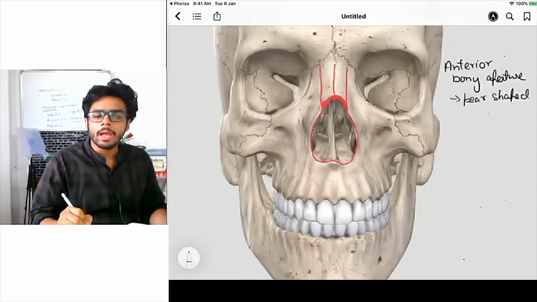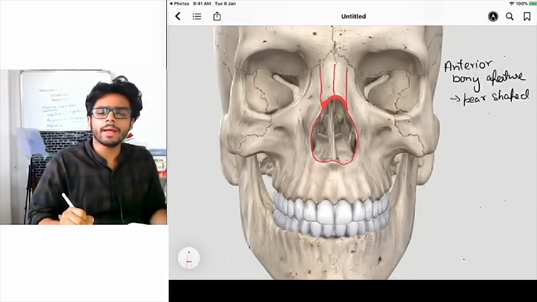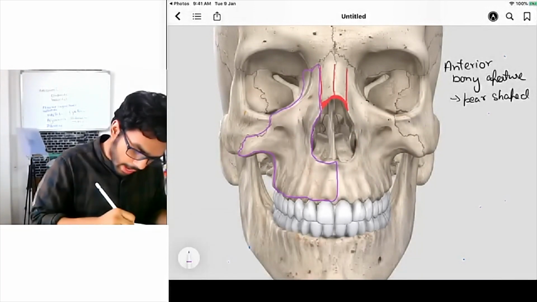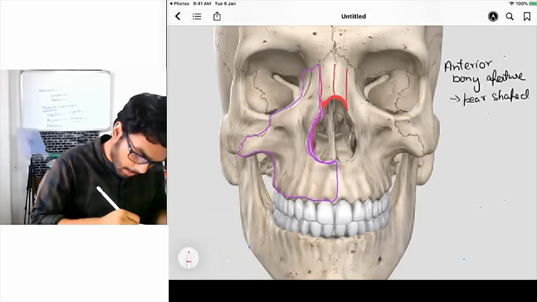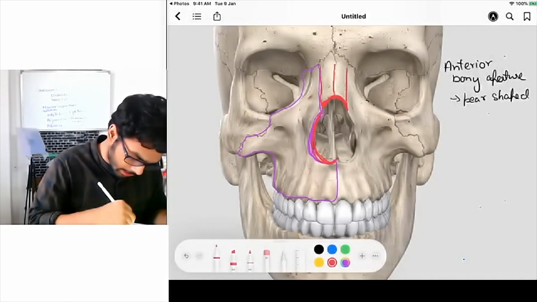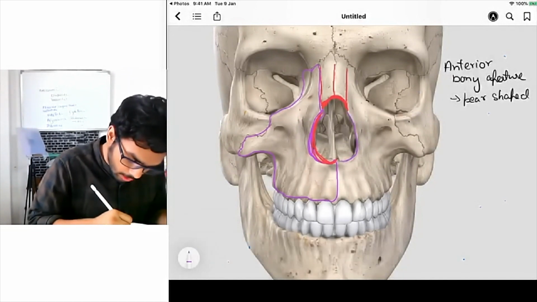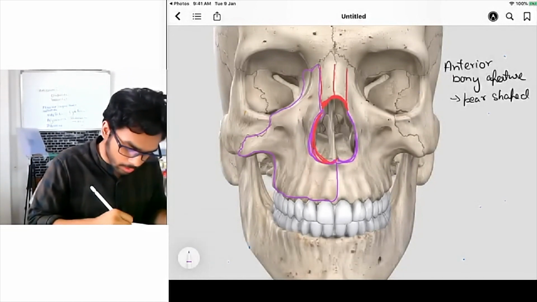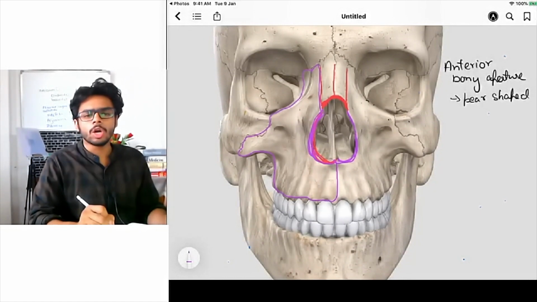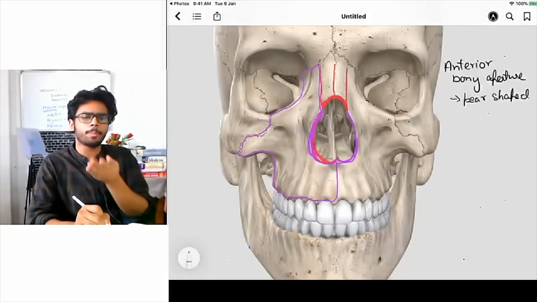And from below it is bordered by the nasal notch of body of maxilla. What does that mean? This part of maxilla is known as the nasal notch of maxilla, and it surrounds the aperture from below. What does notch mean? Notch means there is a slight depression.